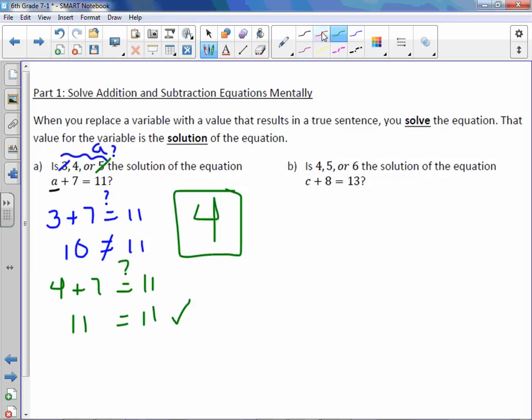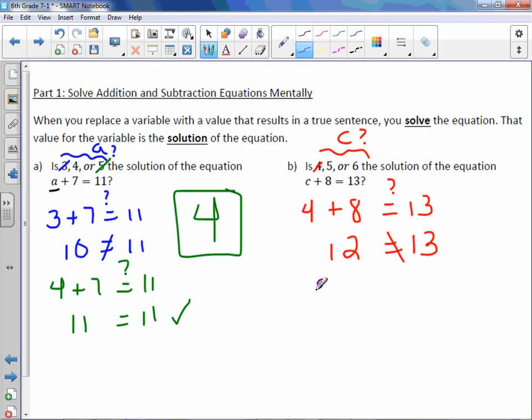Letter B, is 4, 5, or 6 a solution of the equation c plus 8 equals 13? Again, we're trying to find c, so let's plug them in. 4 plus 8 equals 13, question mark. 4 plus 8 equals 12. 12 does not equal 13. 4 is not a solution.